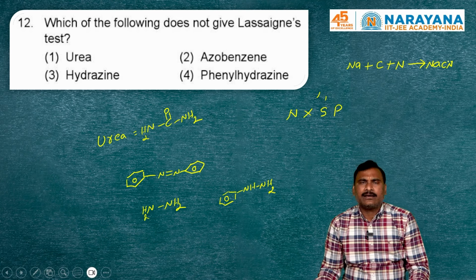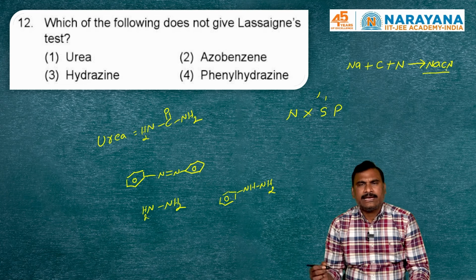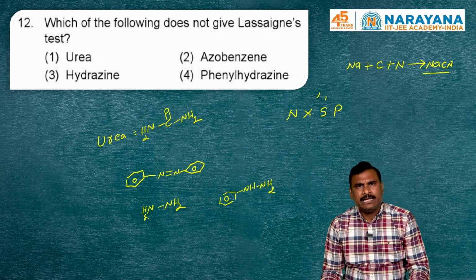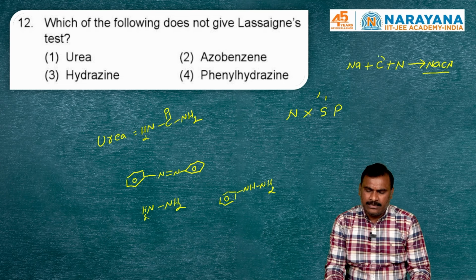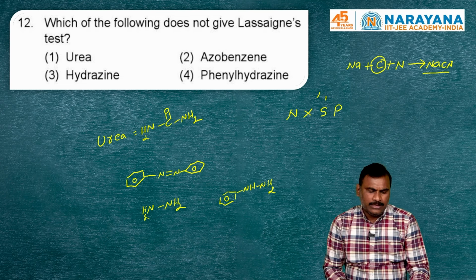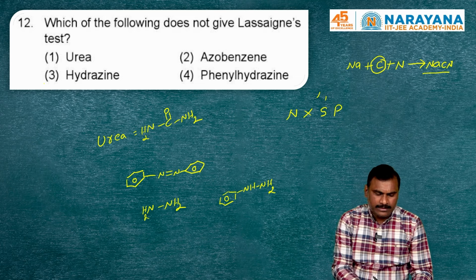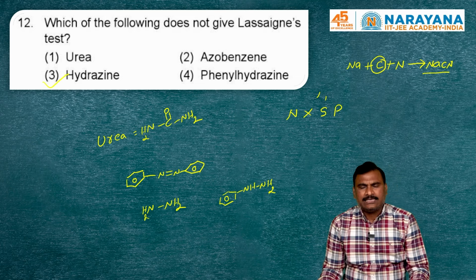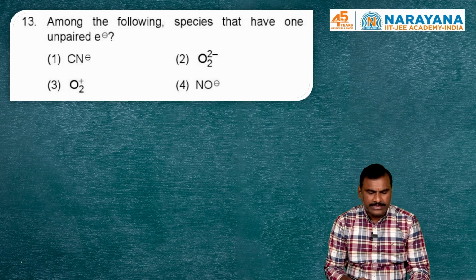Nitrogen in the given organic compound combined with sodium produces sodium cyanide. In Lassaigne extract, to identify nitrogen, there should be formation of NaCN. To form NaCN, carbon is required. So in hydrazine, there is no carbon. That is why hydrazine cannot give Lassaigne test. Now let us go for the next question.